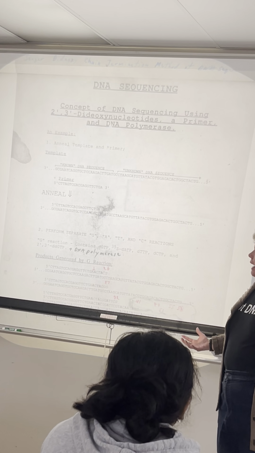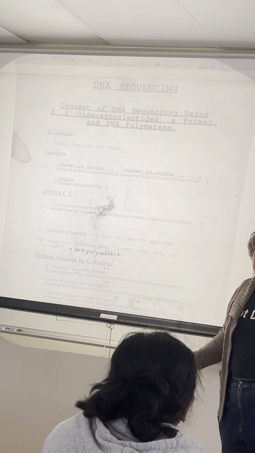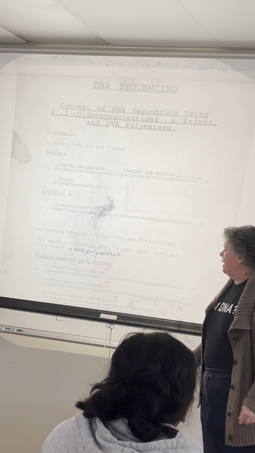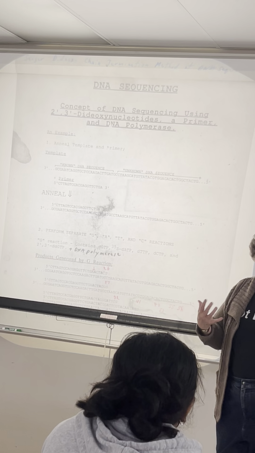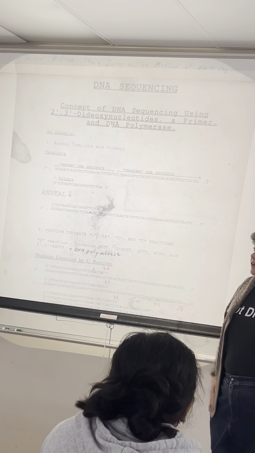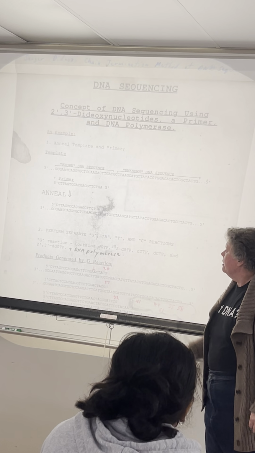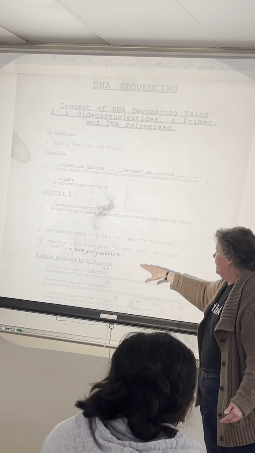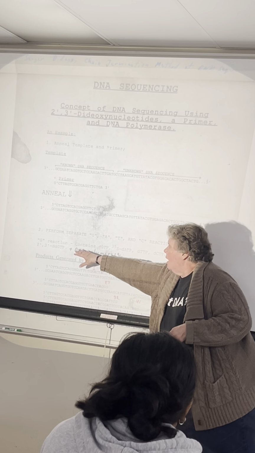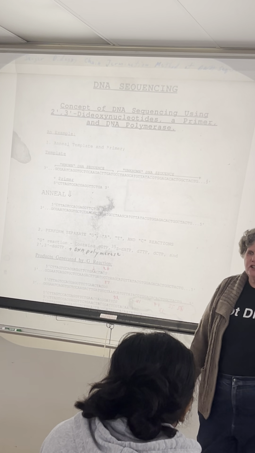You're going to do a G reaction with it, for example. And in a G reaction, you're going to have S35 dATP. So anytime there's an A that's incorporated by the polymerase, you're going to have a radioactive A added. And you're going to have dGTP, dTTP, dCTP, and a certain small amount of that dideoxy GTP.